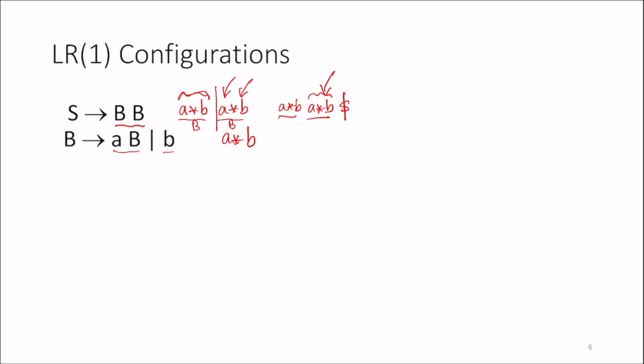So notice that here the first B will have the context of the second B as the follow. What can follow it is essentially the language of the second B. What can follow this one is going to be the end of input symbol.